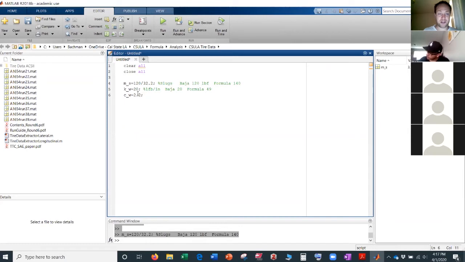should I do everything in inches? Shoot, if I'm going to do everything in inches, oh, this is kind of a decision. Let's do it in inches. So we have to do 12 times 32.2. So we need to put this in slugs.